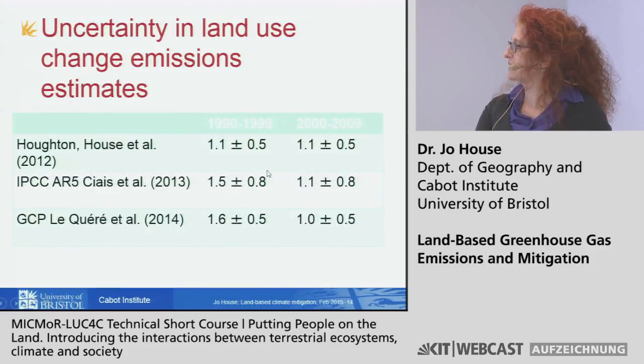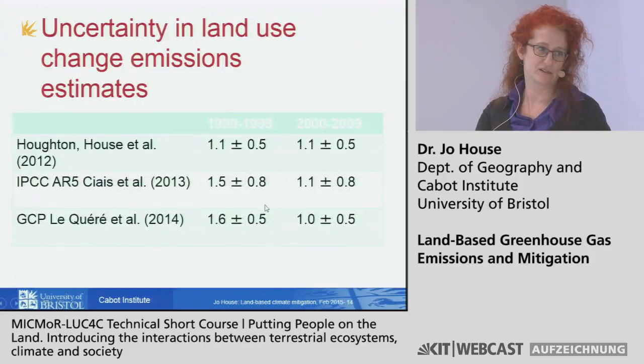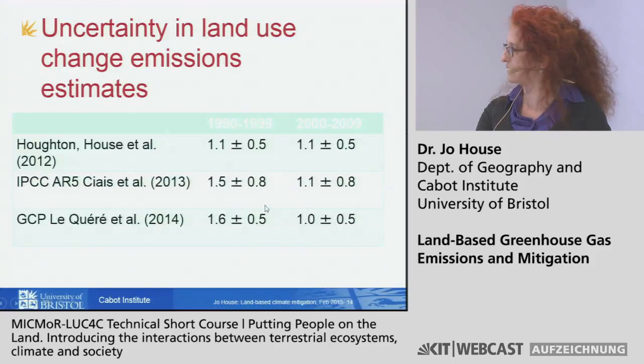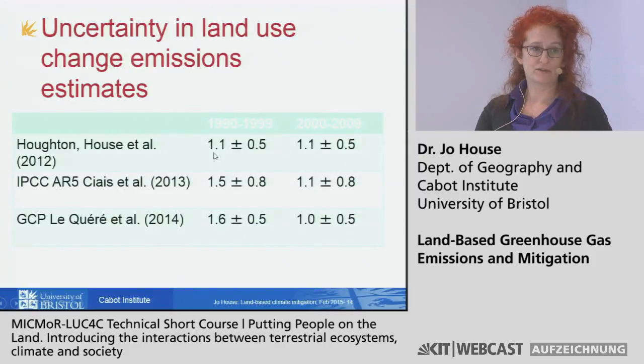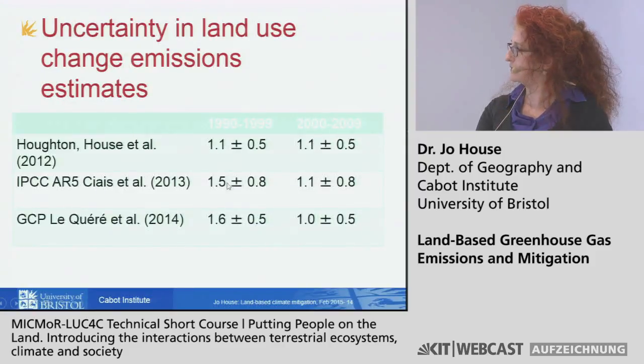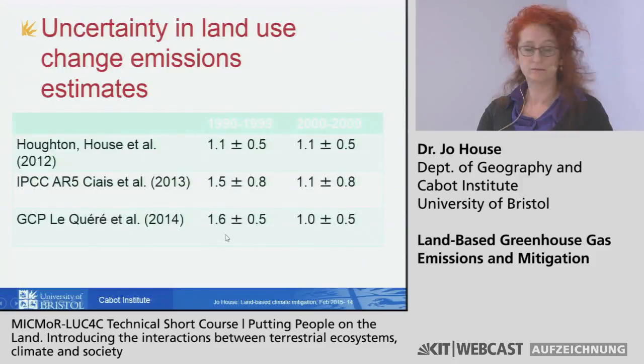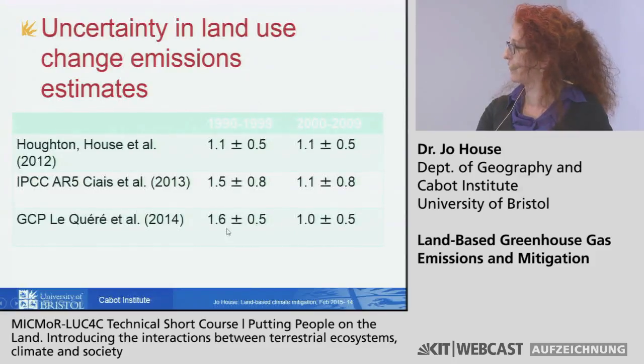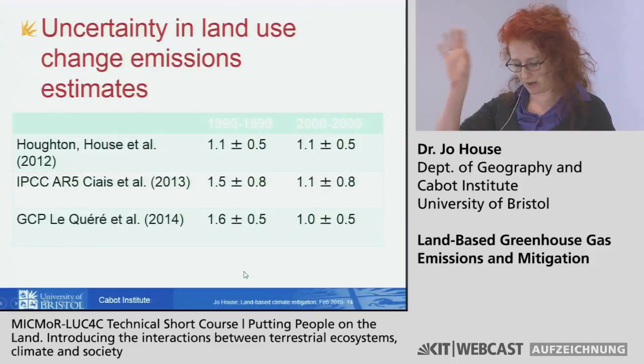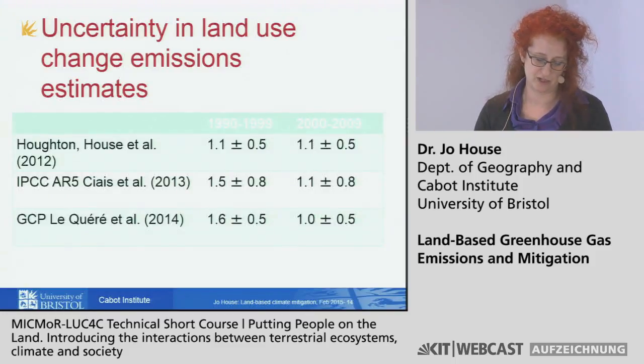And IPCC is different from that, just because we went for one standard deviation, and IPCC, they go for 2 standard deviations, and so that's why the uncertainty seems higher. The numbers are different because this is a mean across Houghton and what the DGVMs were at the time. These ones are based more directly on Houghton with the fire stuff, and Houghton runs a little bit higher emissions than the mean of the DGVMs was.